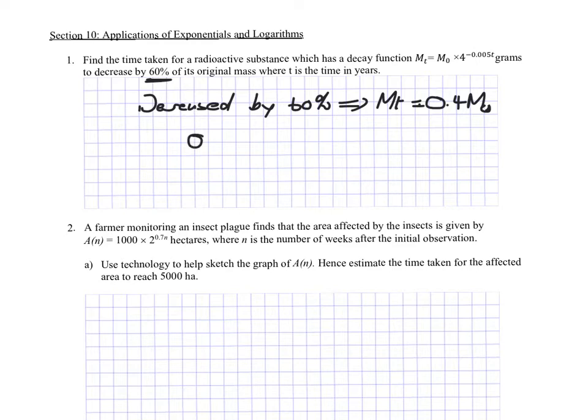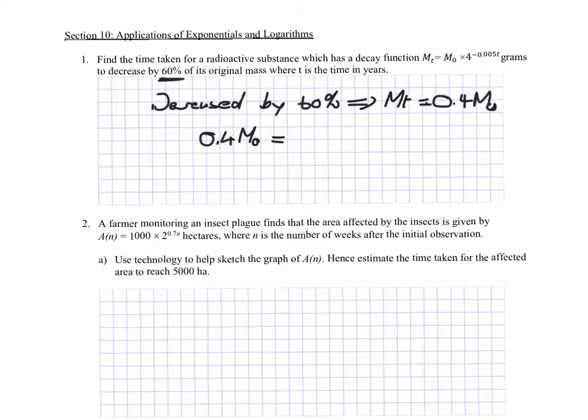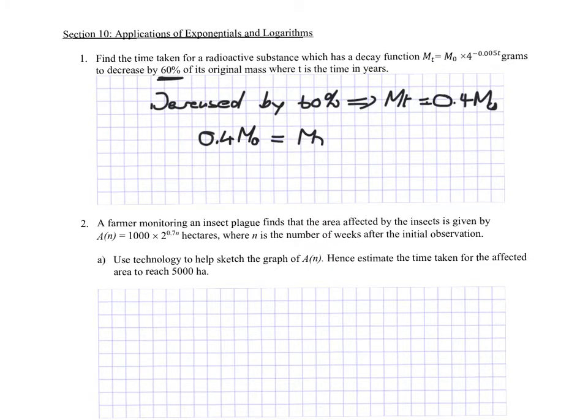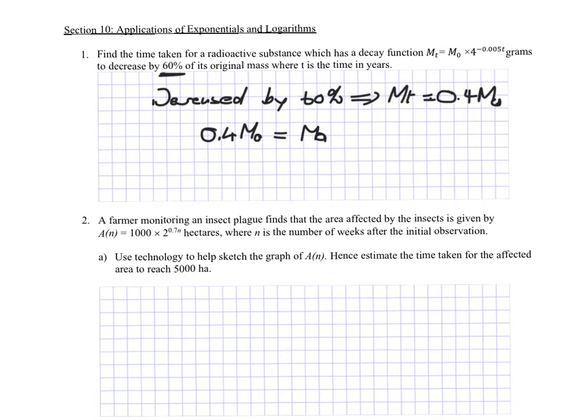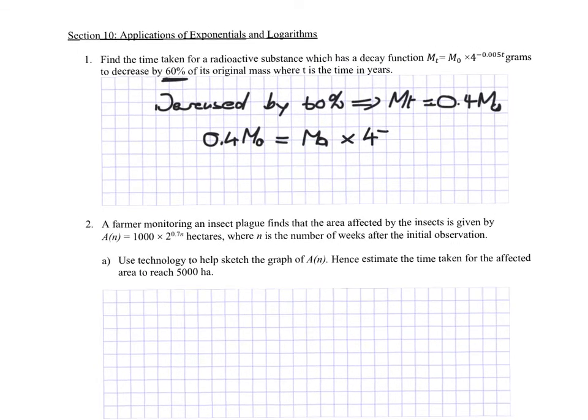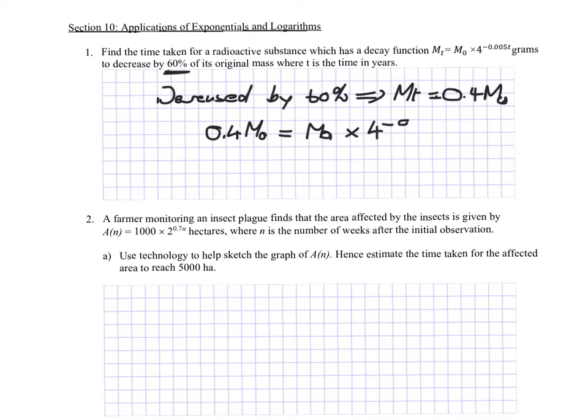If we do that, we get that 0.4 m0 is equal to m0 times 4 to the negative 0.05 t grams.